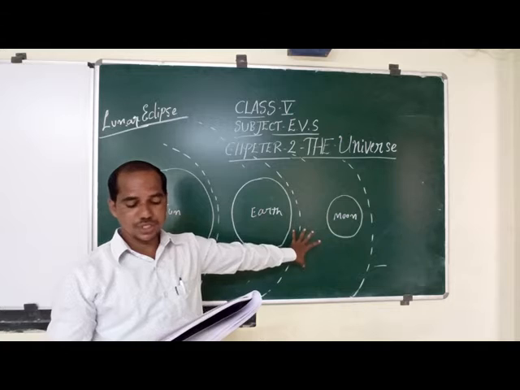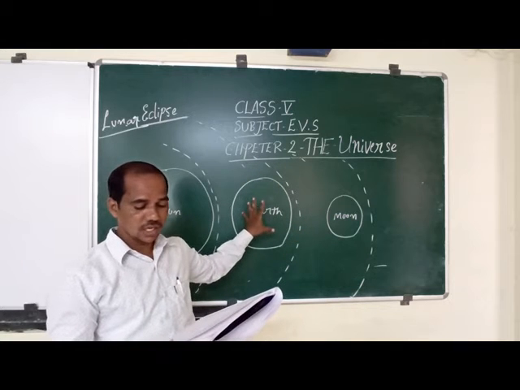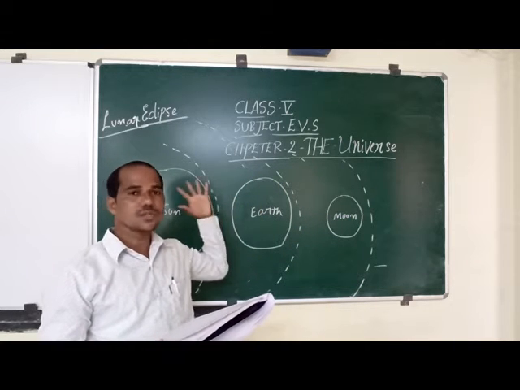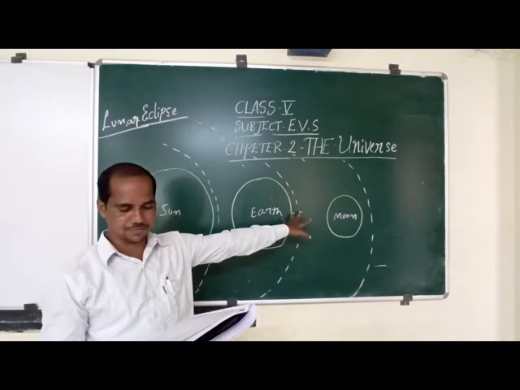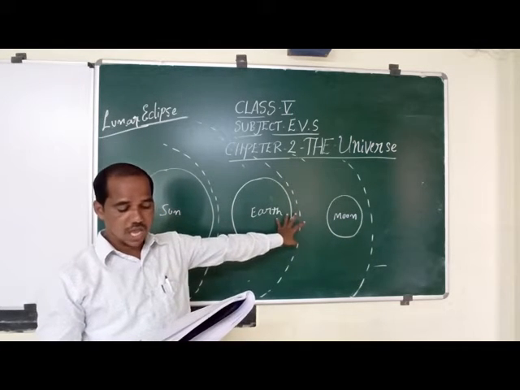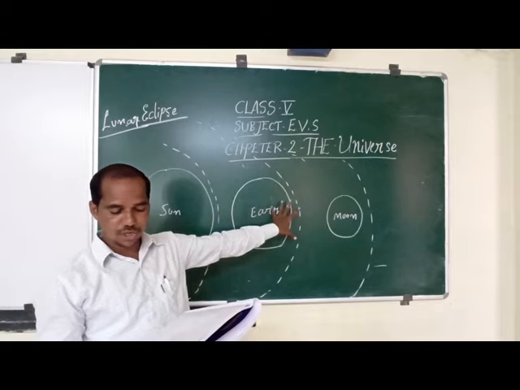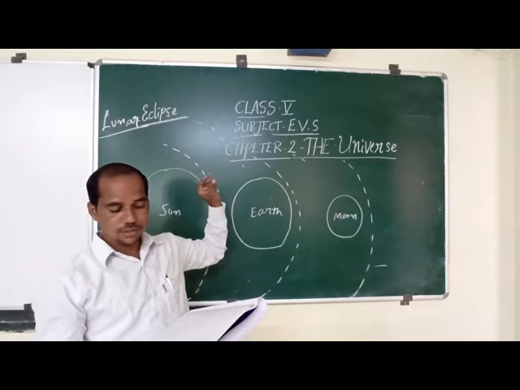If the moon is totally in the shadow of the earth, it is called a total lunar eclipse. If only part of the moon is in the shadow of the earth, it is called a partial lunar eclipse.